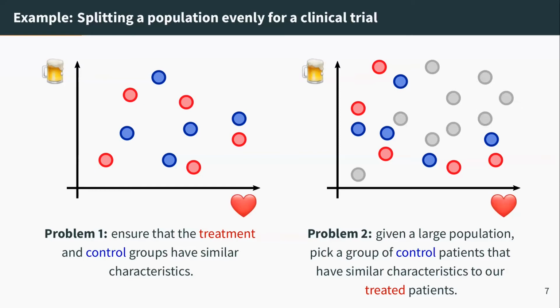And so now the problem is that we want to pick 5 patients in the general population such that this kind of synthetic control group will be indistinguishable from our population of patients that actually receive our new tested drug.